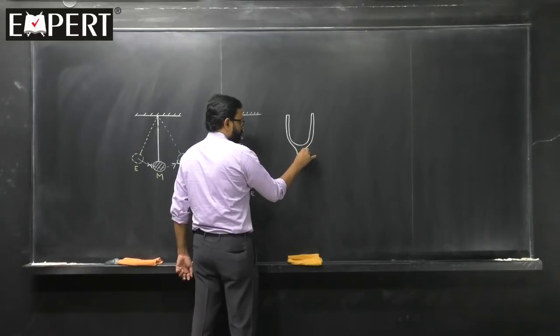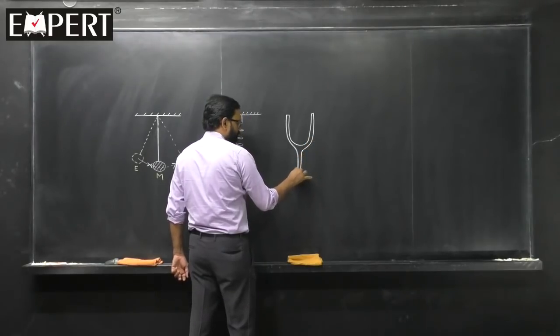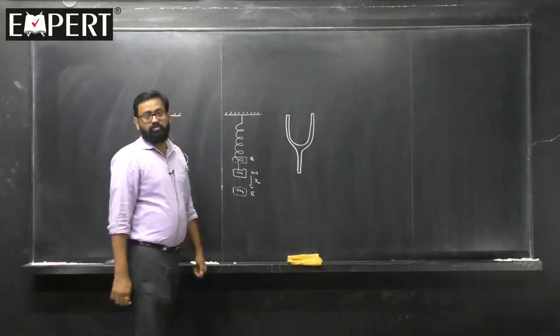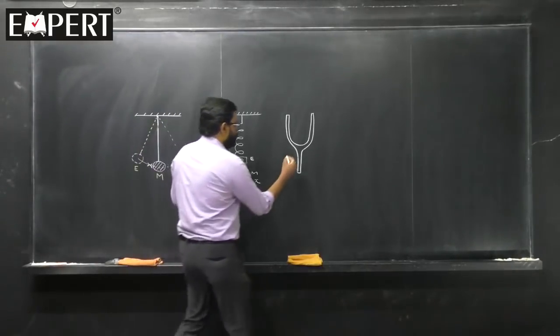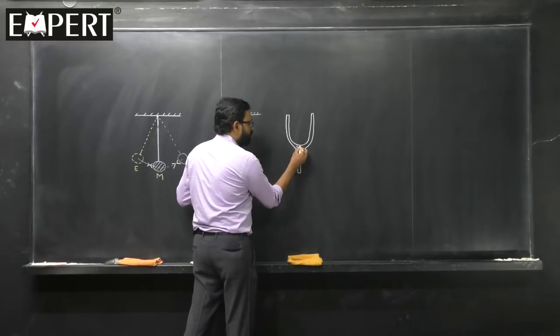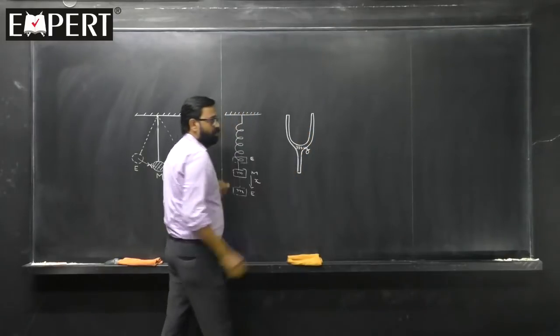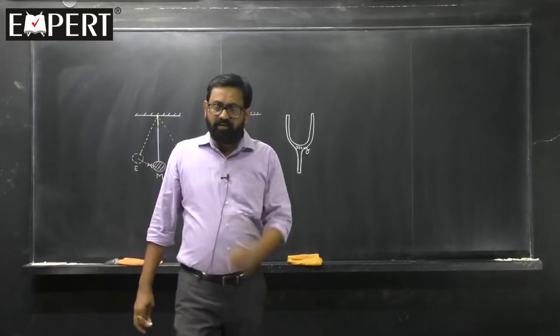The structure looks like this. And on the tuning fork, there is some value printed. Let us say here the value printed is around 384 hertz. Now, what is the meaning of that value?